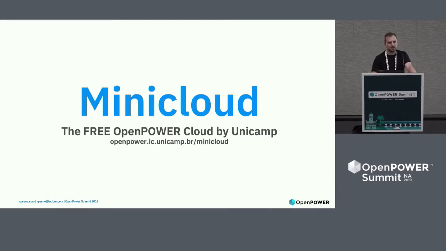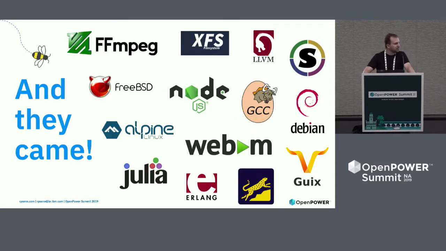We realized that there were free resources available for Power, and they came. So we have a bunch of developers from different communities. Those communities do not use our resources as their main resource for Power, but developers, when they need to port or they need to test something on Power, eventually they ask us for a free virtual machine.